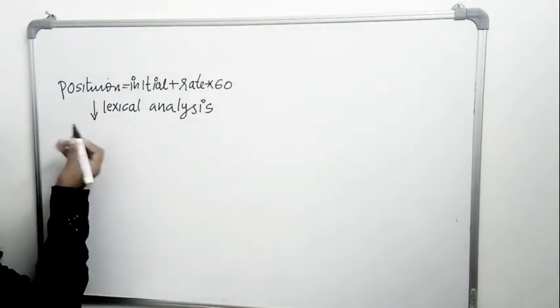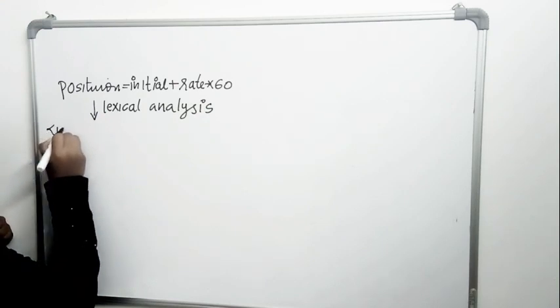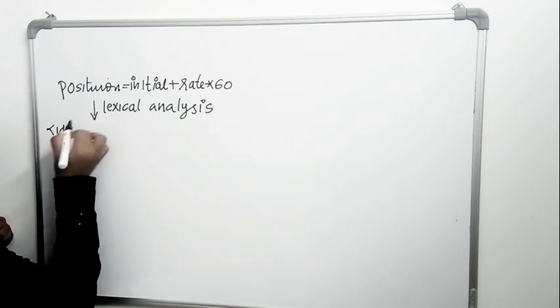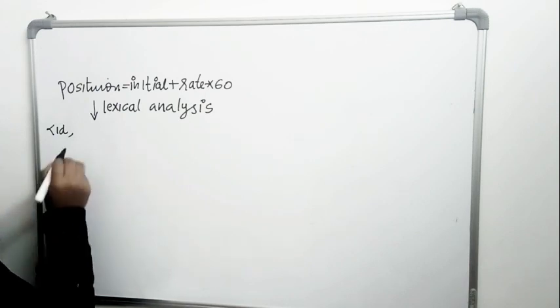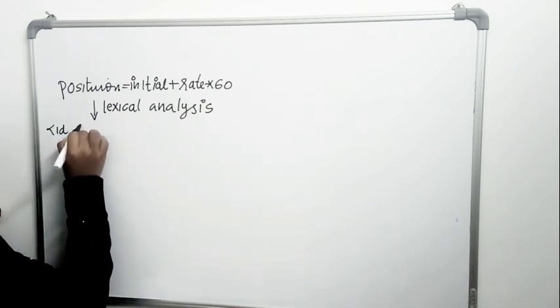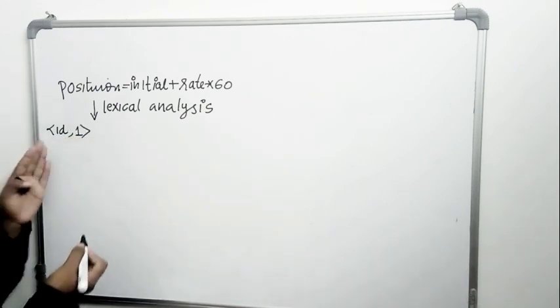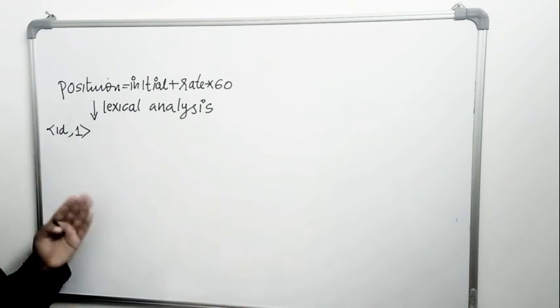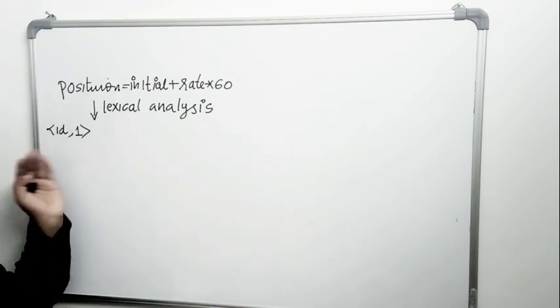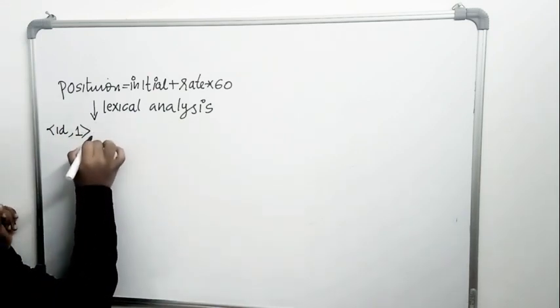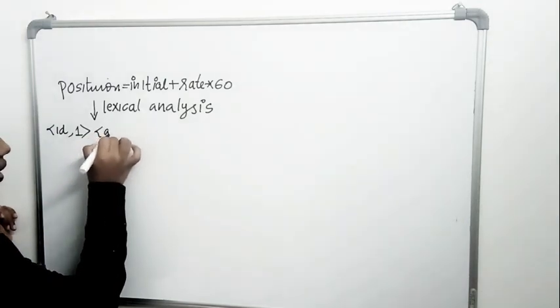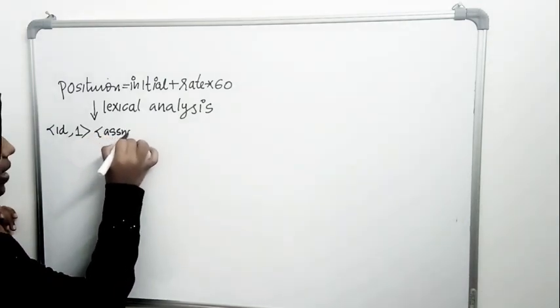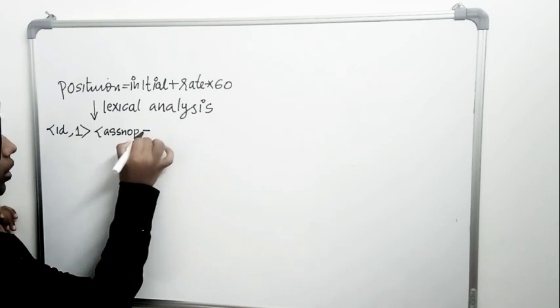So position being an identifier, the token returned will be ID, comma 1. ID stands for identifier. Let 1 be the symbol table entry for position. That is, assume that position is entered in the first row of the symbol table. Now equal to is the assignment operator, so assign op, comma, equal to.